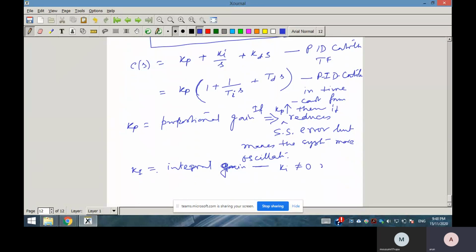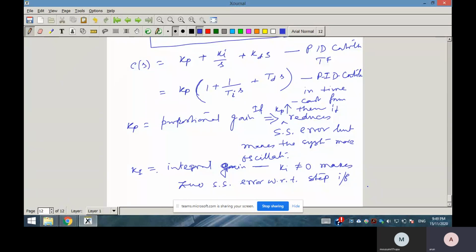Ki not equal to 0 makes the steady state error 0 with respect to step input. With respect to step input, your steady state error will be 0.